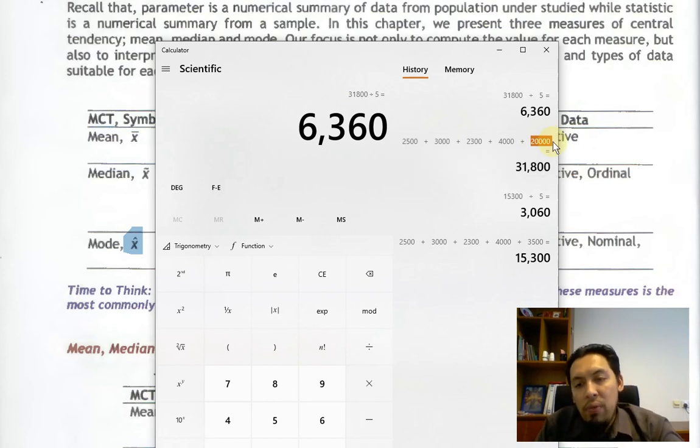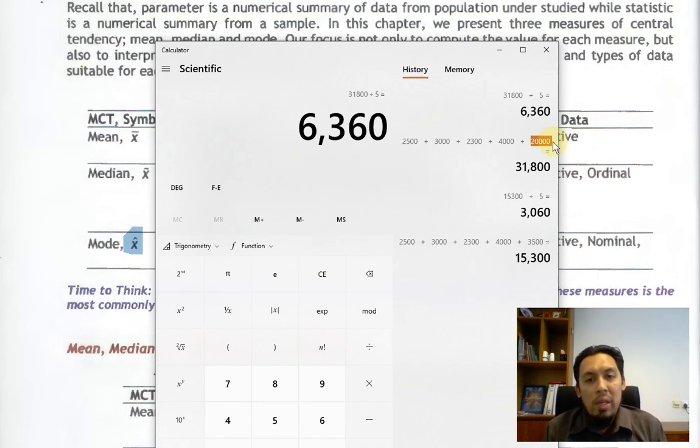So when you have this kind of outliers, where when you look at the data, it seems like it does not belong, it should not be there because the data is different from others, then you can't really use mean to calculate MCT.